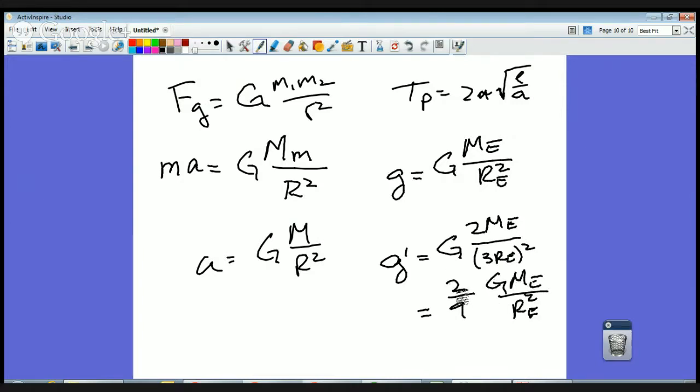So you've got 2/9 of the original G. Now, if that works for you, that's great. If not, again, you can just divide: original G divided by G prime. You're going to find that G prime is 2/9 of G. Once you find that, you plug that in here and you're going to find your new period. That's going to be the square root of 9 over 2 times the old period. So 3 over square root of 2 times the old period.